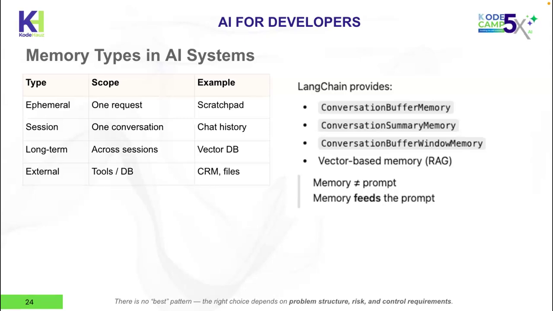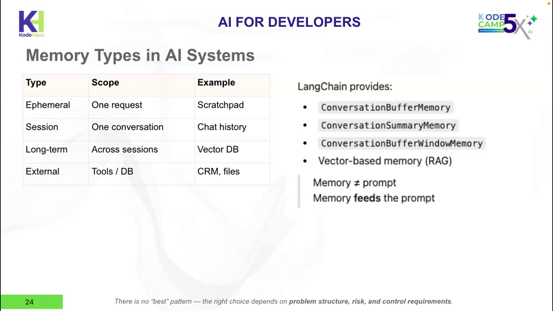That is a session. And a good example of that is the chat history, of course, which we talk about. That's ephemeral memory, session memory. Then we have the long-term memory, like we said, across different sessions. So typically you store that in a vector database, okay?